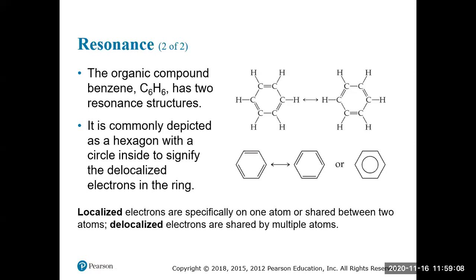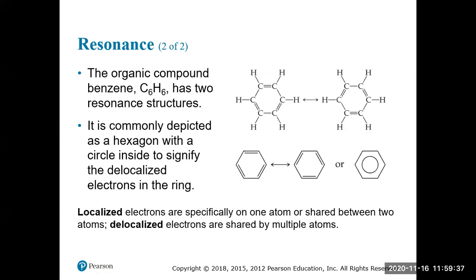When we talk about sharing electrons, usually we're talking about the two atoms involved in the bond sharing electrons, and that's called localized electrons. There's also something called delocalization, which involves electrons that are shared across multiple atoms, and that's really what you have going on in benzene.